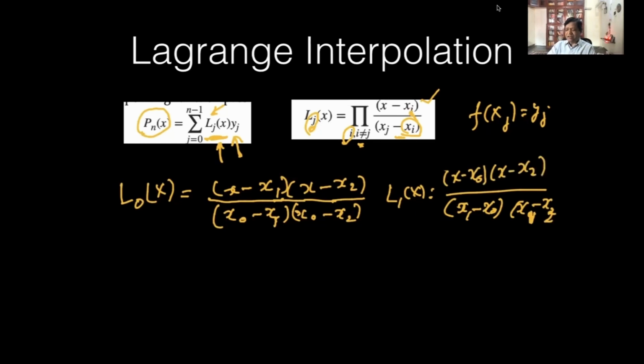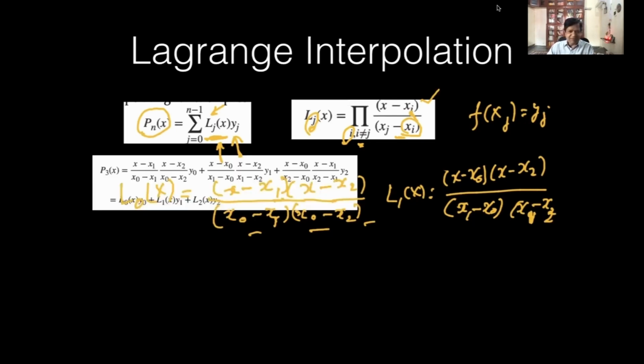Okay. So we construct like this for 3 points. For 4 points, there will be 4 polynomials, and each will be a product of 3 of these. Anyway, we can easily write a computer program for this, no? So these are very useful formulas for writing computer programs. And in fact, this is exactly the same as what I had in the earlier slide. This is a demonstration of how to construct these polynomials.